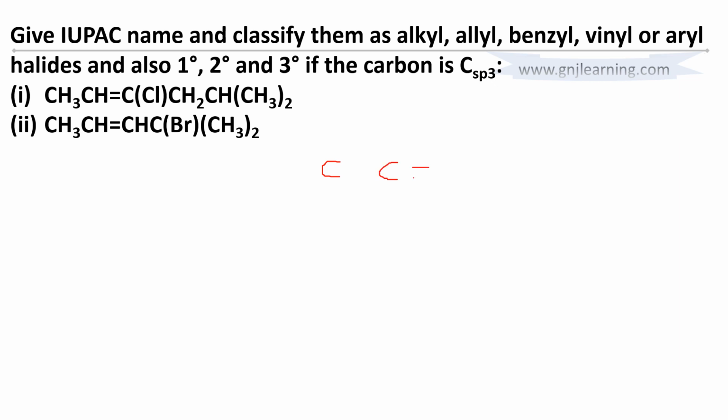So I have a double bond C, CH2, then CH, then from here I have CH3, CH3. The first one also has CH3, the second one has a CH, and the third one has Cl in it. So the rest is fine.